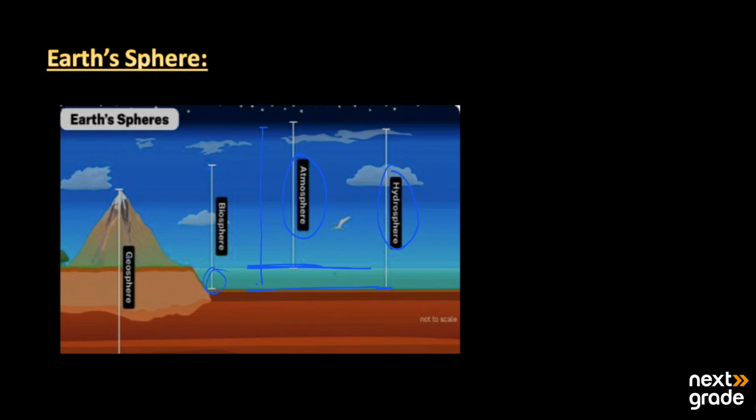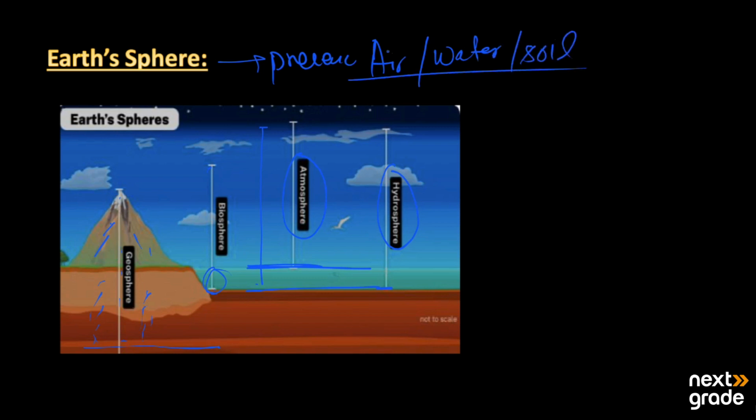And then we have the geosphere, which is all the dry mass, including the mountains, the earth's soil, sand and its lower parts. These are the simple earth spheres, divided according to the presence of air, water, and soil. So it has been categorized into four main spheres: the hydrosphere, atmosphere, biosphere, and the geosphere.